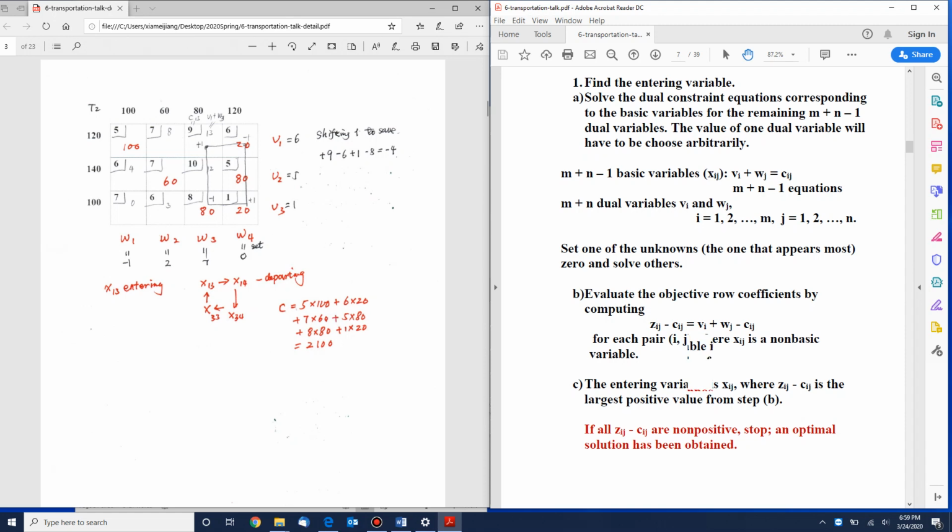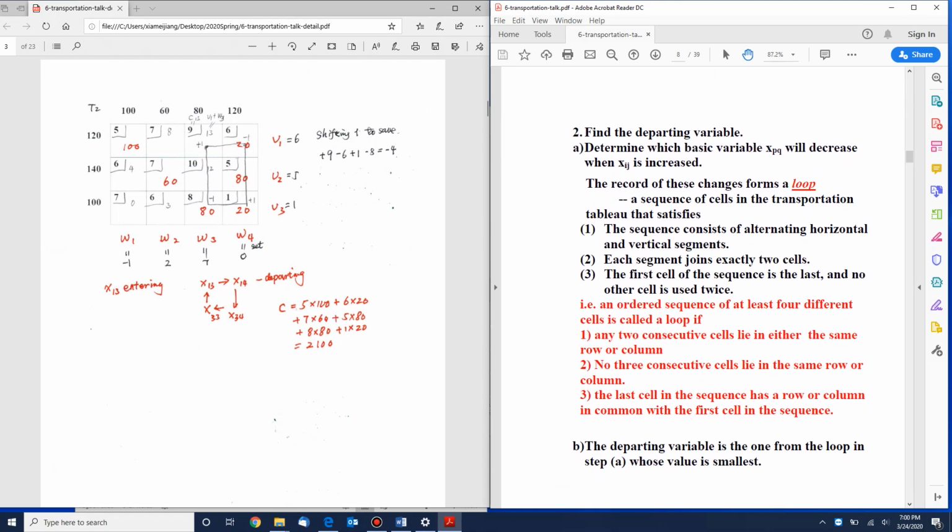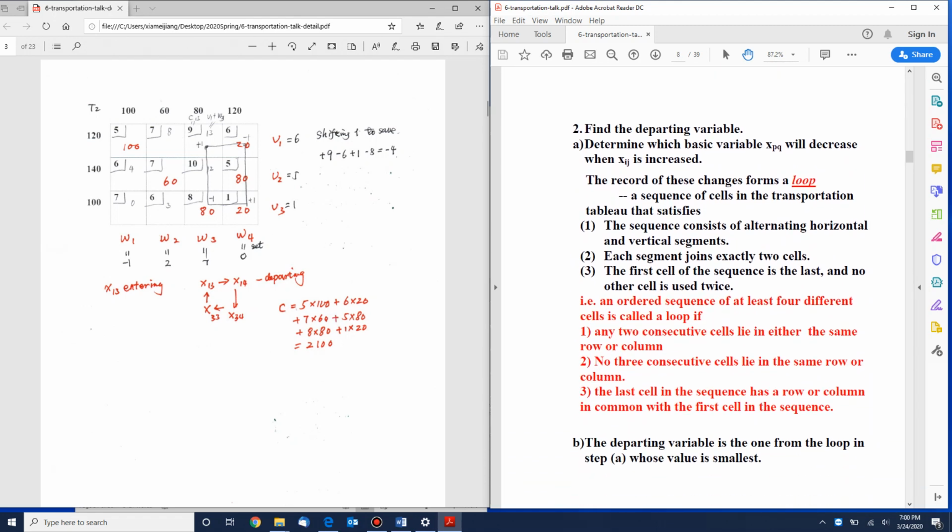That's not allowed. You understand that whenever we build up the loop, the sequence consists of alternating horizontal and vertical line segments. You cannot choose 3 basic variables in a column or in a row to make the loop.